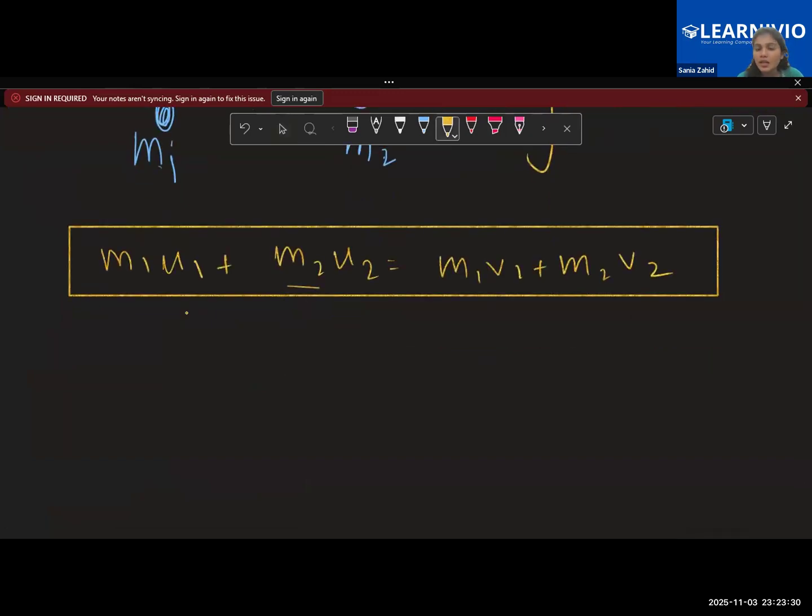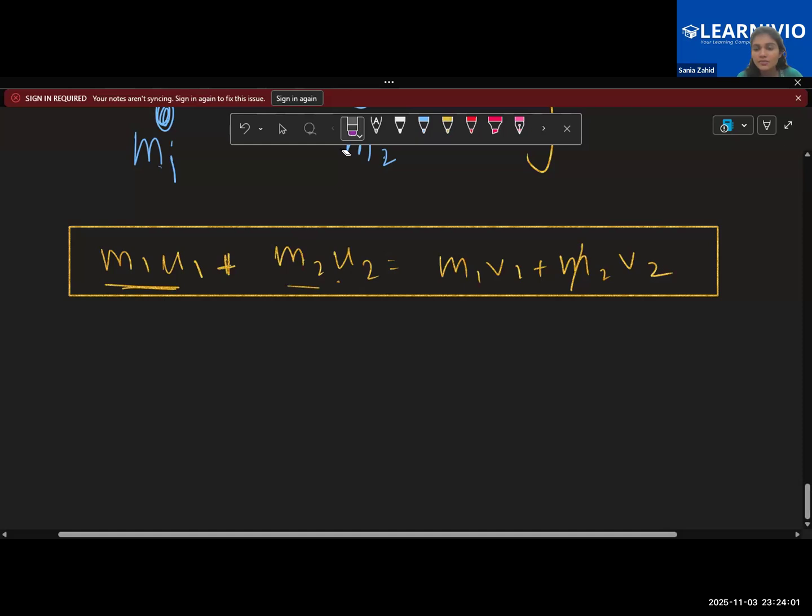Okay, see, with which do you want to cancel? You want to cancel this m2 with this m2? But Vivan, I told you before that in any equation, I cannot cancel a number if it is being added or subtracted with another number. Here, m2 is being added with this number. So you cannot cancel it.